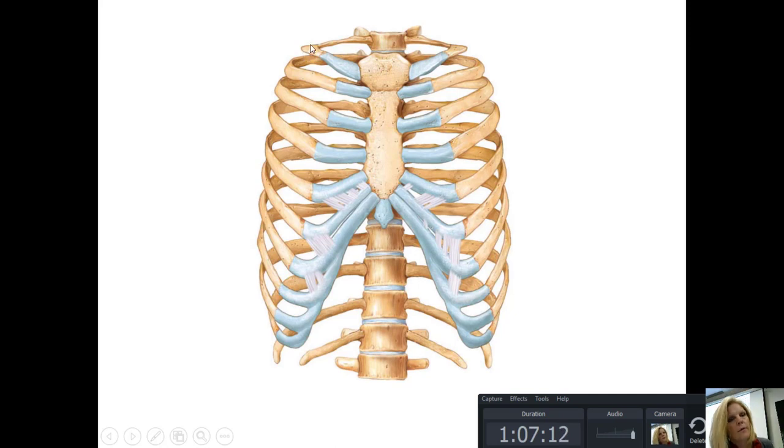Starting from the top, we can see that the first 7, if I count 1, 2, 3, 4, 5, 6, 7, these first 7 have a direct connection to the sternum via some cartilage. Can you see these cartilages here? And this is hyaline cartilage. So they have a direct connection to the sternum. So we call these first 7 ribs true ribs. So they're the first 7.